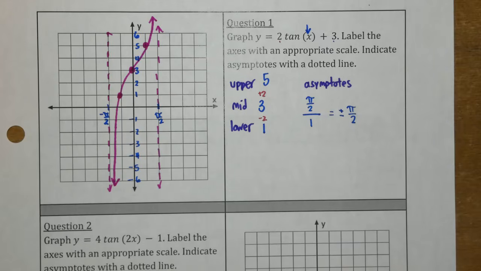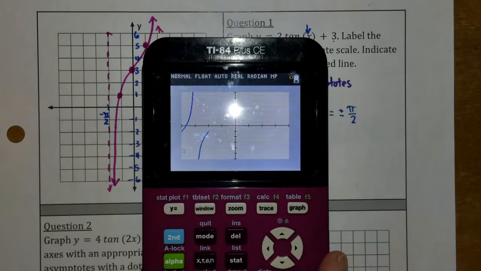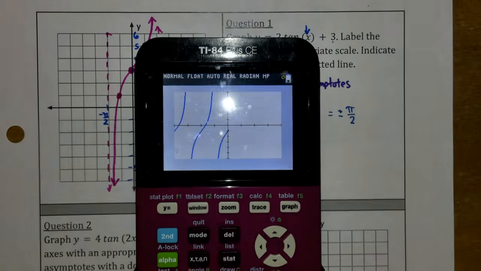So that's a tangent graph. I told you it was weird. That's weird, right? If I graph several cycles of this, all you're going to see on your calculator is that it just keeps doing what we just graphed.